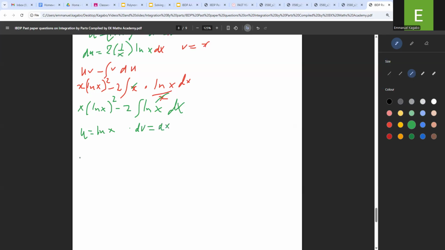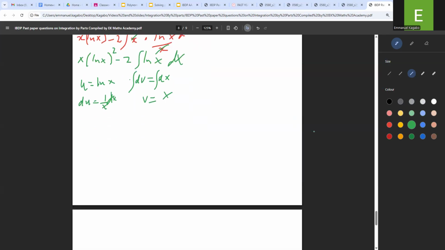So what is the du here, guys? So du is going to be derivative of ln x, which is 1 over x times dx. Now you integrate both sides. So my v will be equal to x.